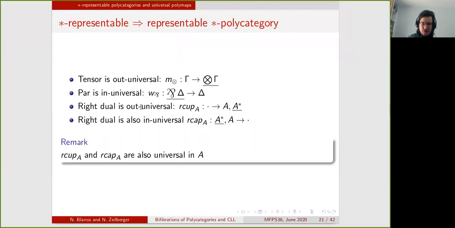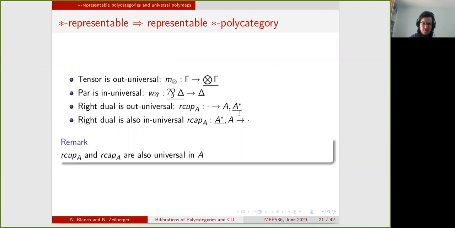So we get, for example, that the dual can be defined as an out universal object with respect to a cup map. And the universal property of this cup map will let us define what the cup is, and it will have built in the fact that it is a snake identity.